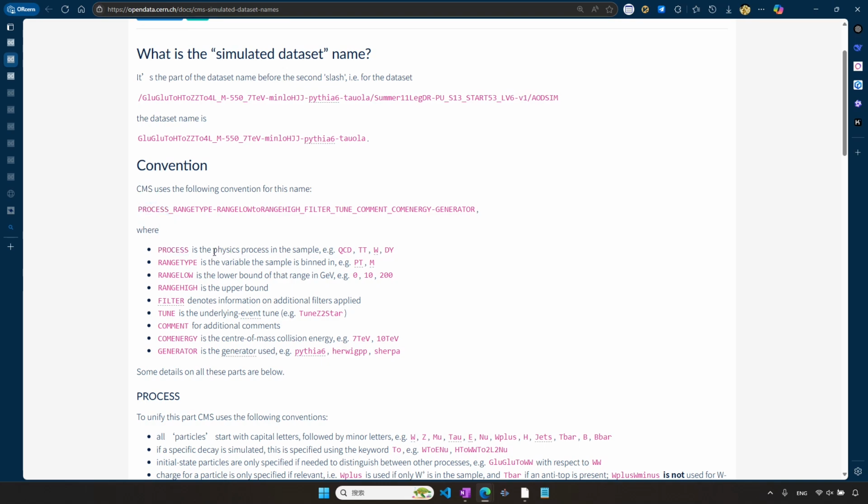Process is a physics process, such as QCD process. QCD means quantum chromodynamics process. And after the underline, the second part of the description is range type, range low to range high.